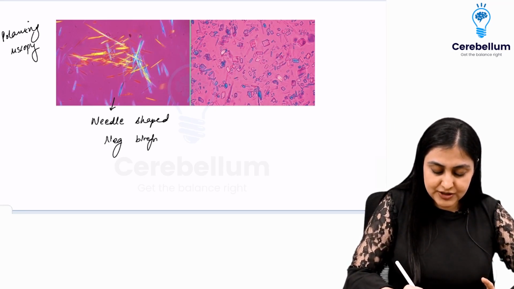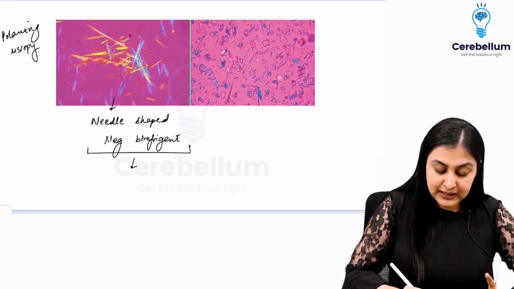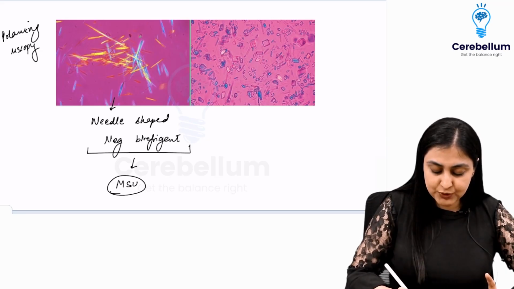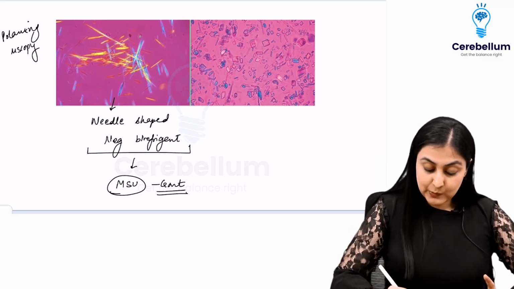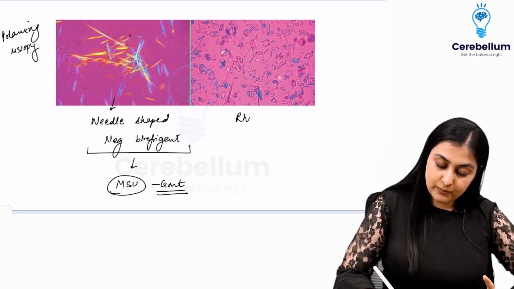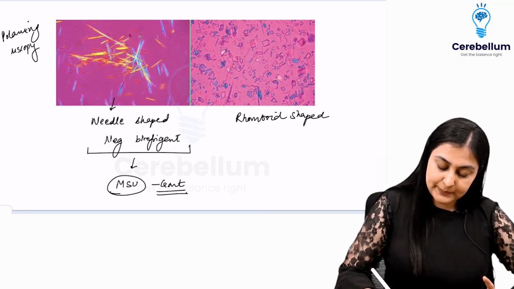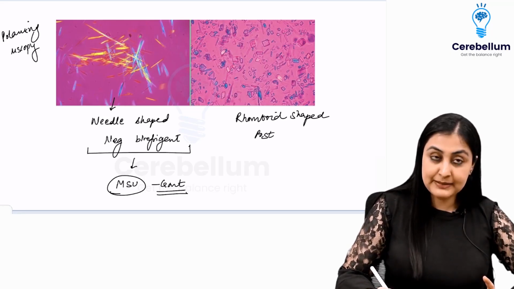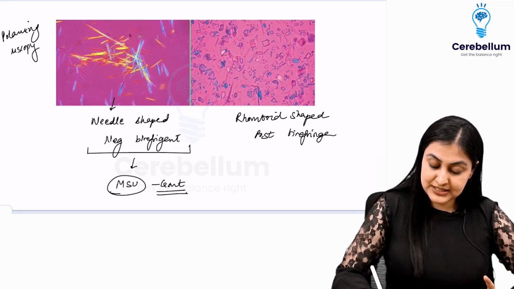Alright, so when the needle-shaped crystals are negatively birefringent, an image like this might be given. You think these are monosodium urate crystals and the diagnosis is going to be gout. But when these crystals are rhomboid in shape, you can see the rhomboid shape here, and they are positive. It's weakly positive, but it's a positive birefringence that you are seeing.